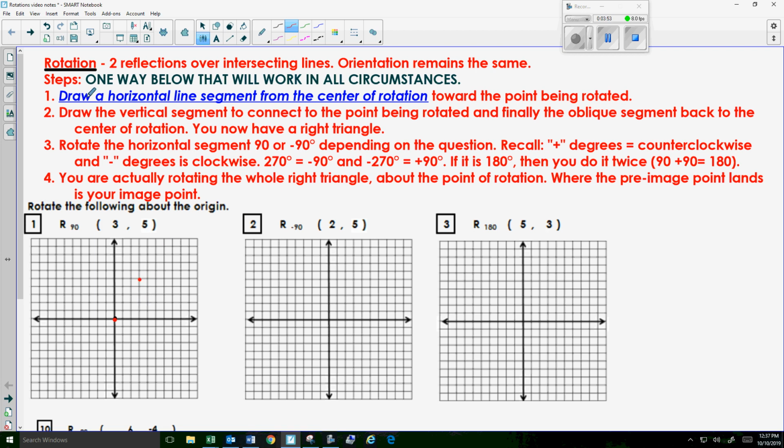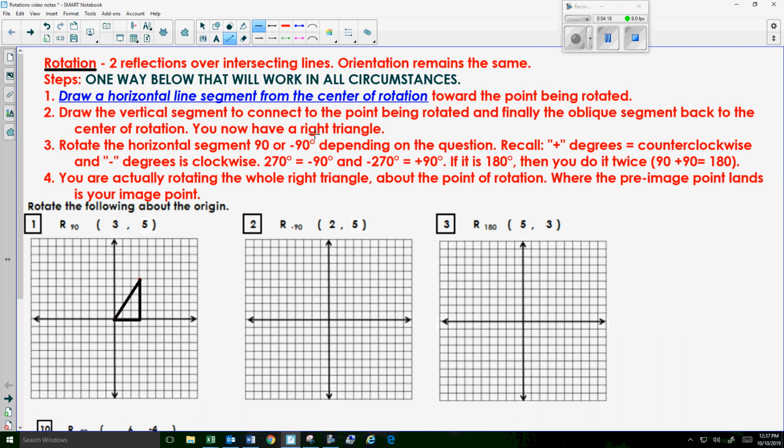It says draw a horizontal line segment from the center of rotation, which is the origin in all these cases, except for the one down here. So I draw a horizontal line segment from it toward the point being rotated, which is obviously up here. Then I draw the vertical line segment to connect it, and then I connect it back right there.